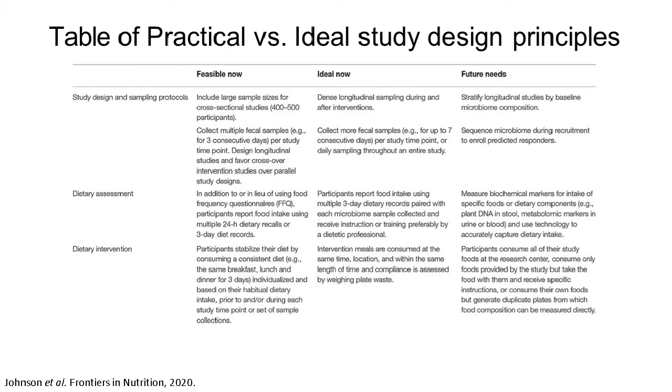And then if you're going to do dietary interventions, we had a few recommendations. I think the most salient here is something that you could do now is to think about, if you're going to do a dietary intervention, I think some people have a tendency to want to standardize the diet before they do their intervention.